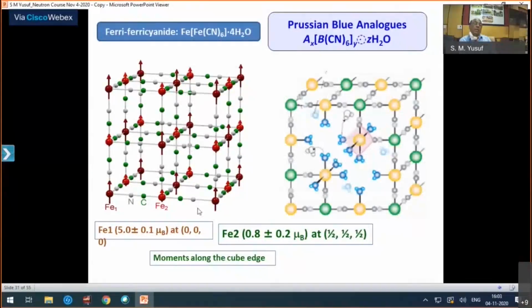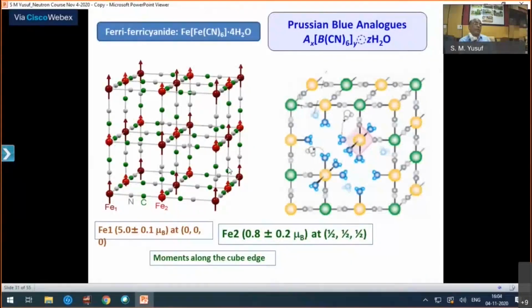The typical size of this unit cell is about 4 to 5 angstrom, the lattice constant here. If you keep on adding these unit cells, you get one magnetic domain. A magnetic domain size is typically a micron. 1 micrometer is 10,000 angstrom. So you see how many magnetic unit cells are there in one typical ferromagnetic domain.